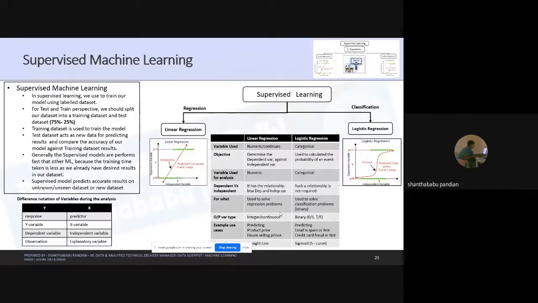As I said earlier, for a simple data set, you can apply more than one or two models. But here, if you're discussing whether to go with a regression model or a classification model, it must be clear from the given problem statement.